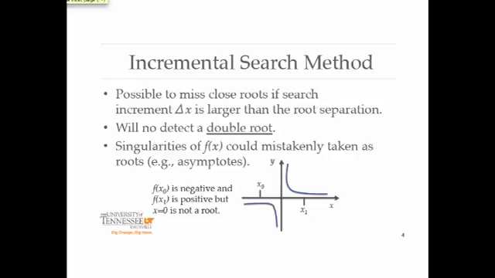Or you would struggle with determining double roots, for example, like f of x equals x squared. We really wouldn't know whether or not there was a double root there. And then what's indicated here at the bottom is a very common problem where you have a function that has some type of singularity. Singularities mean regions where the function is not defined. Clearly it's illustrated here, the function is not defined at 0, but you can see that for f of x0 you've got a negative value in the graph, and for f of x1 you actually have a positive value.